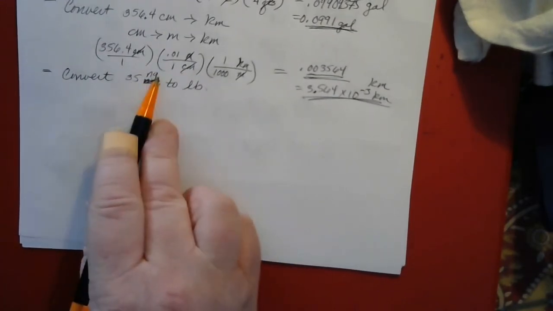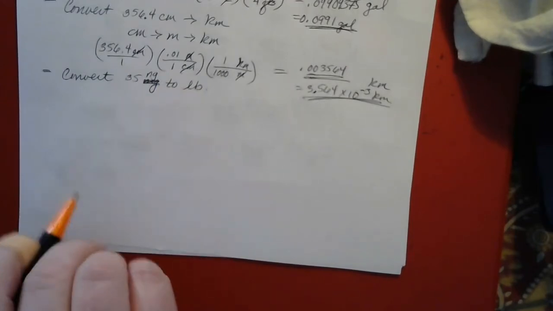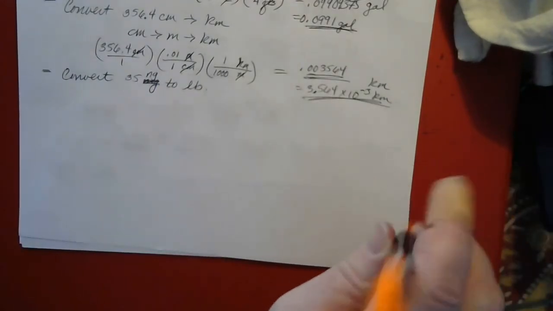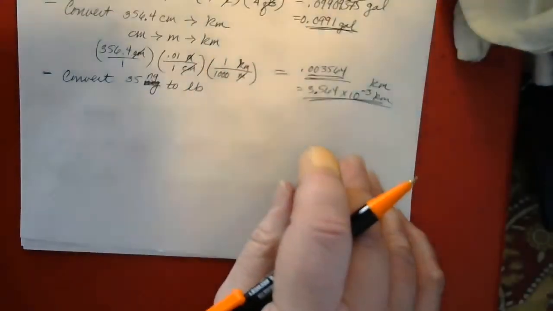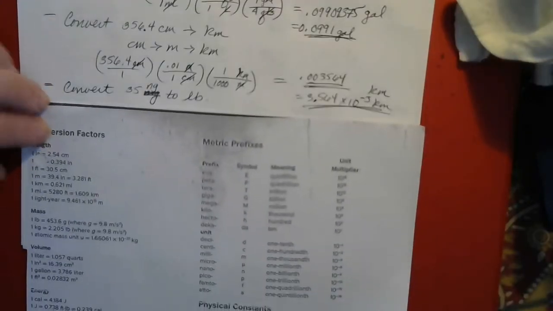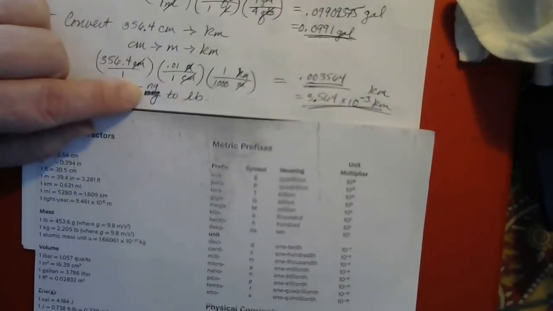Convert 35 nanograms to pounds. This is units of mass, which we haven't used before. So if we look at units of mass here, we've got the relations between pounds and grams, and kilograms and pounds. So what have we got here? We've got nanograms to pounds.